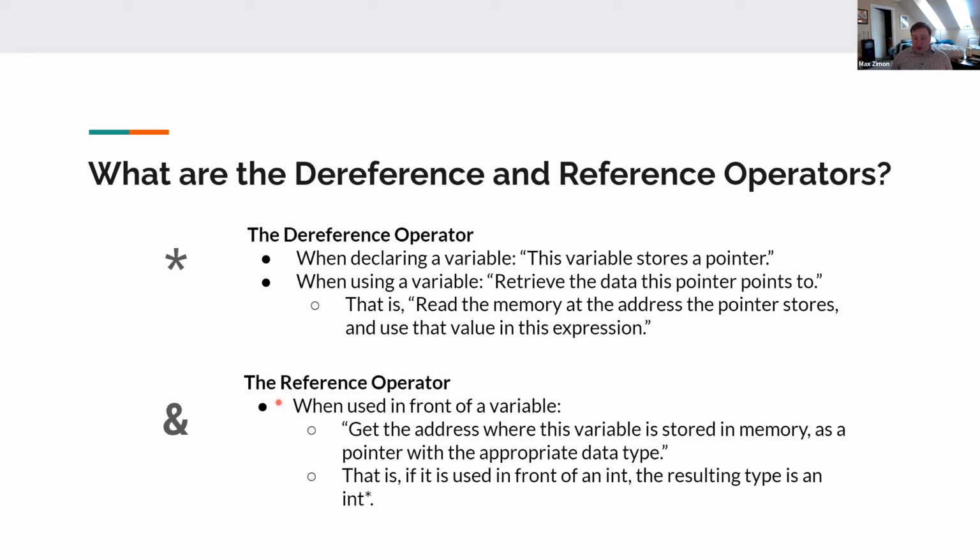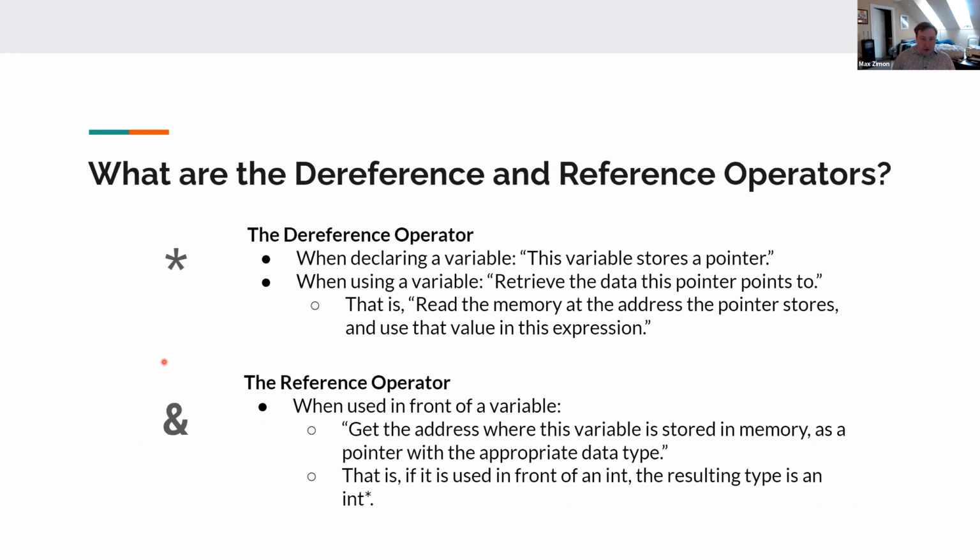If it's used in front of an integer, then the address you get back is an integer star, an integer with the dereference operator attached to it, which is to say an integer pointer. Whenever you use this reference operator, you're going to get a pointer back. Whenever you use the dereference operator, you're either declaring a variable that stores a pointer, or you're going into a pointer and finding the value that is at the location it points to.